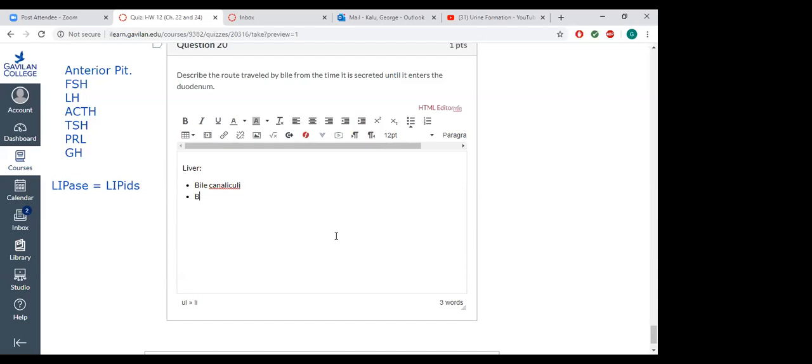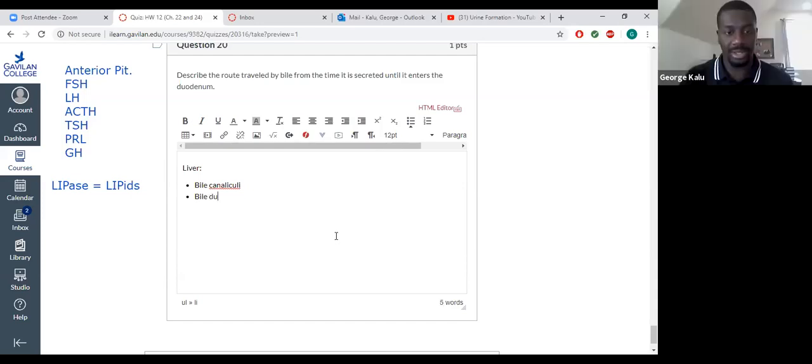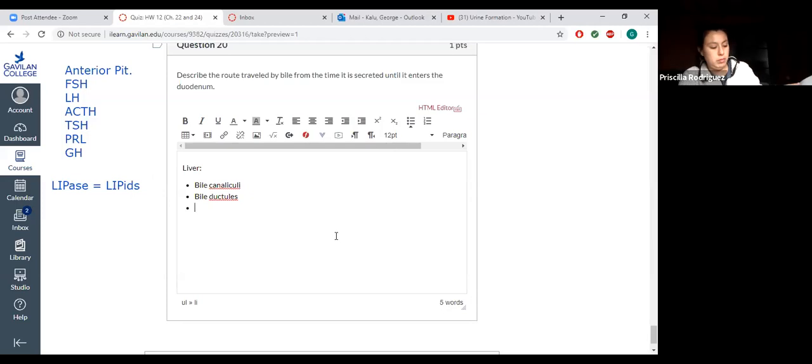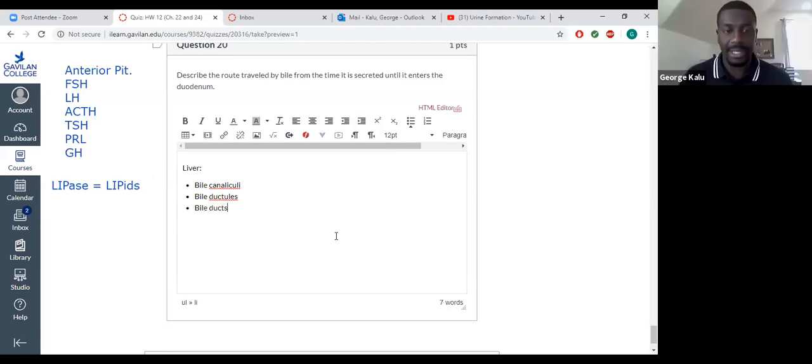Right, the bile ductules. And then from there? The bile ducts. The bile ducts, perfect. And from the bile ducts, where do they go now?